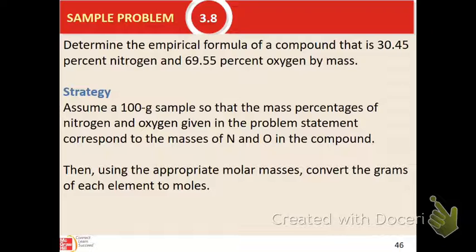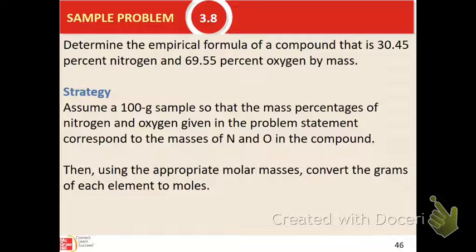That's why you do it, because it says percent. And you know that if you have 100 pennies, that's assuming percent, okay? 100, the word means. So if you had 100 grams, you would have 30.45 grams of nitrogen and 69.55 grams of oxygen. That's exactly what you do.